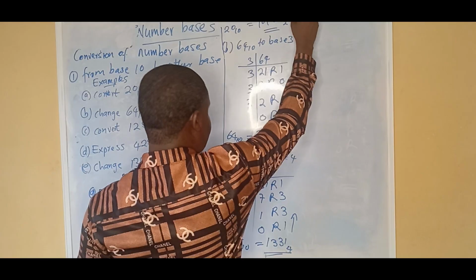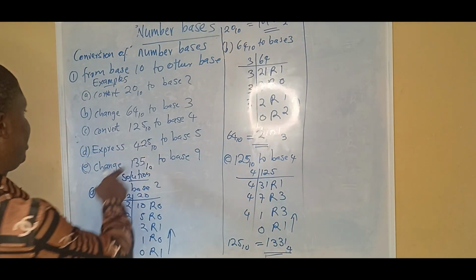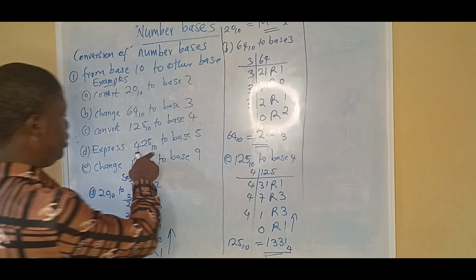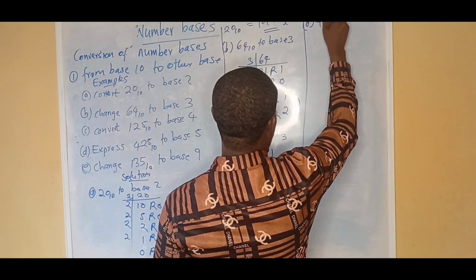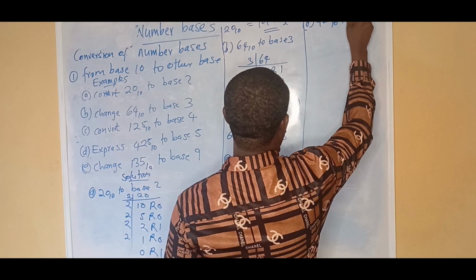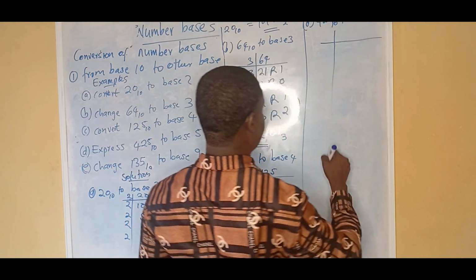So the D part of it, we have 425 in base 10 to base 5. So we'll follow the same process.